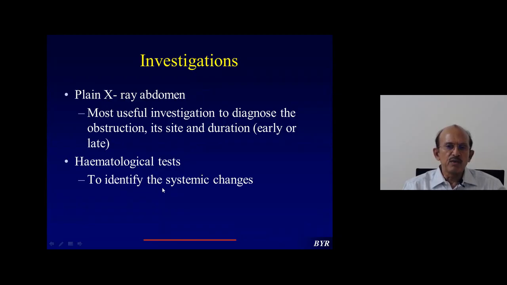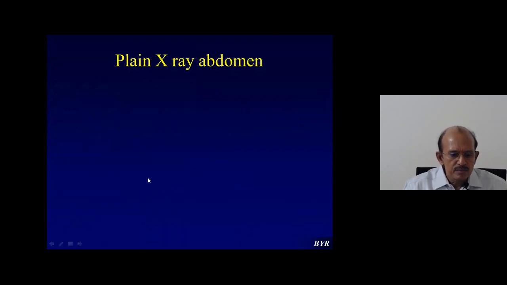What systemic changes have we noted? It can be shock, dehydration, electrolyte disturbances, then pyrexia. These things you can make out by hematological changes. I will explain about plain X-ray abdomen, late or early, all these things. I will just briefly overview the investigations.